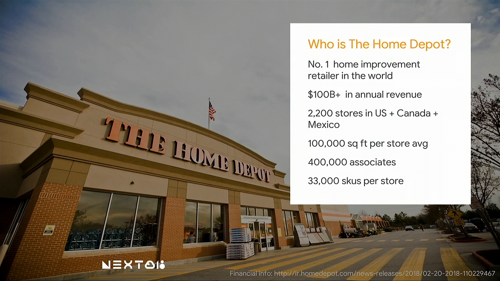We have about 400,000 associates across the entire corporate landscape. And the big important one here is that there's 33,000 SKUs in each store. So that frames up the scale of the problem we're trying to work on right now.